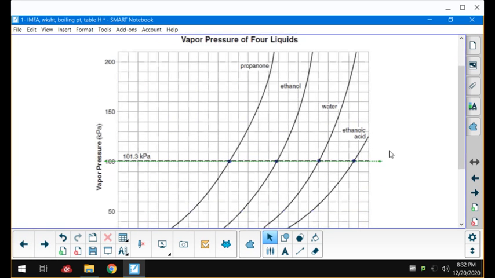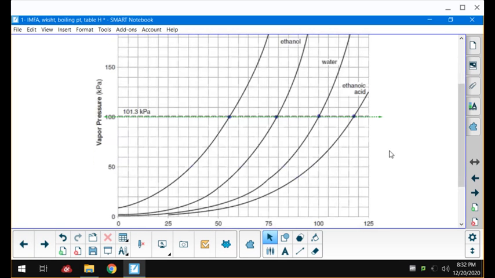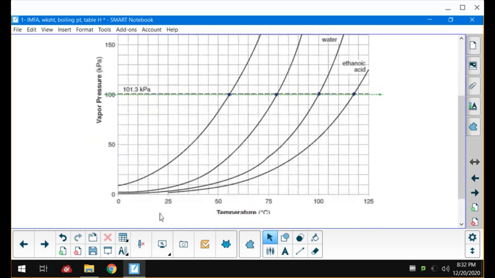Table H shows you the vapor pressures of these four liquids, and they give you a couple of reference points. Down along the bottom is the axis with the temperature. There's also a dotted line here, and I've highlighted it with a green line so it stands out. It's just slightly above the 100 kilopascals line, and that's because that line represents normal atmospheric pressure.